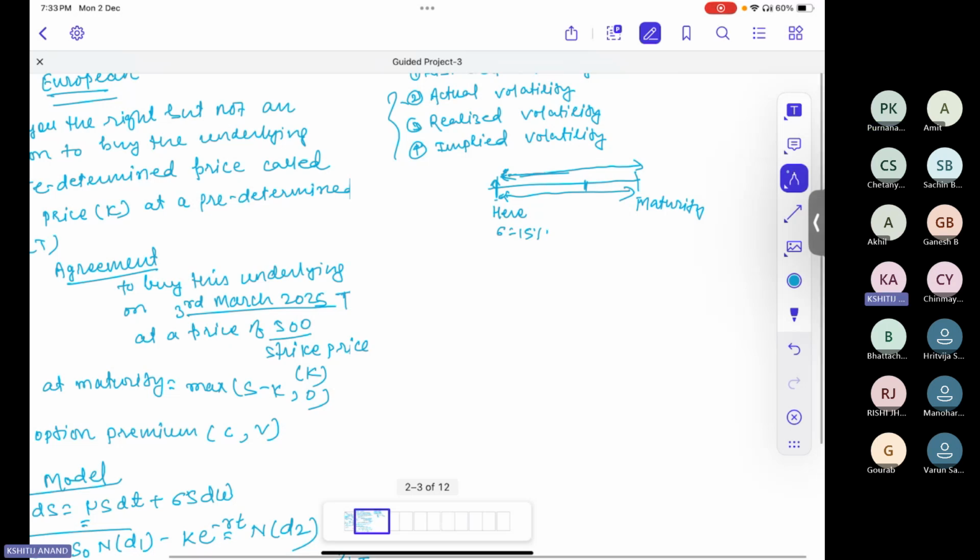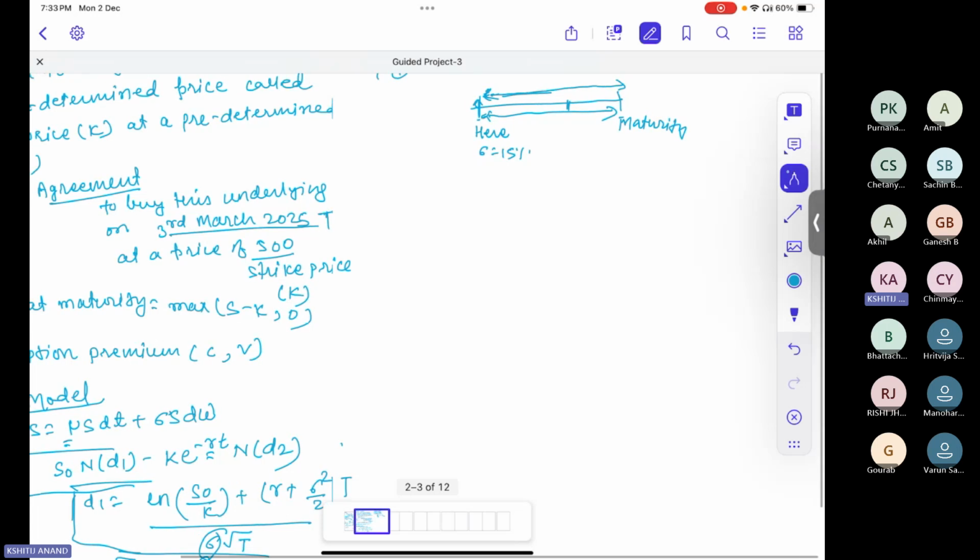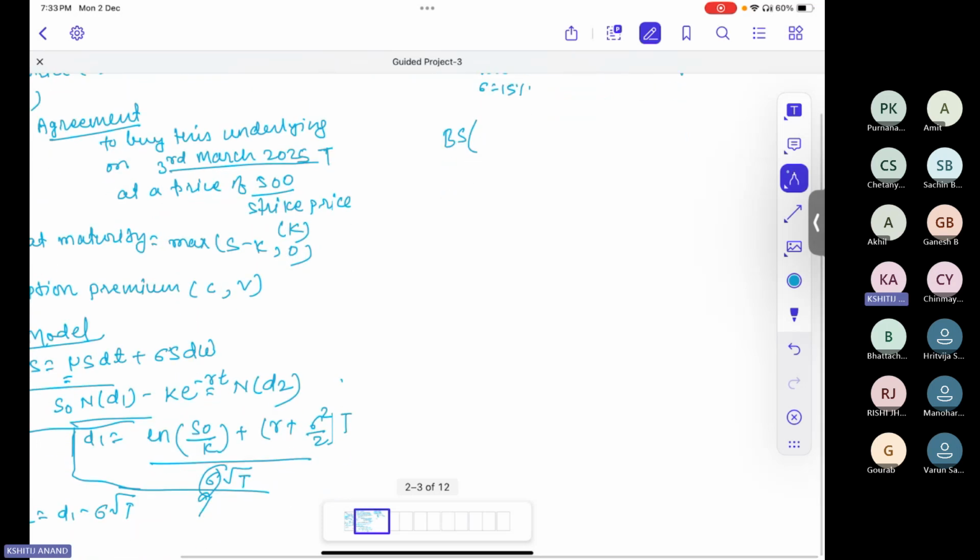Okay. So that boils down to the problem that we are having. Basically, we are trying to price an option. To price that option, let us start from the beginning with the inputs that we need. We need S naught, which is the current stock price, and we can provide that. We need K, we can provide K. We need R, you can provide R as well.